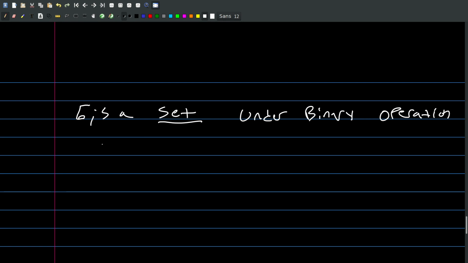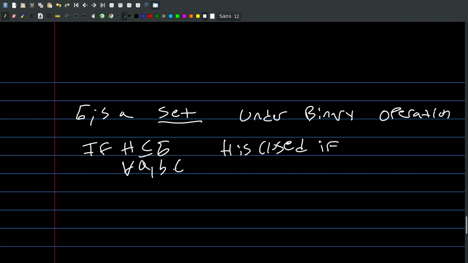Maybe I should call it S instead of G. Anyways, if H is a subset of G, it's said to be closed. H is closed if for all A, B in H, A with the binary operation B is in H. Okay?